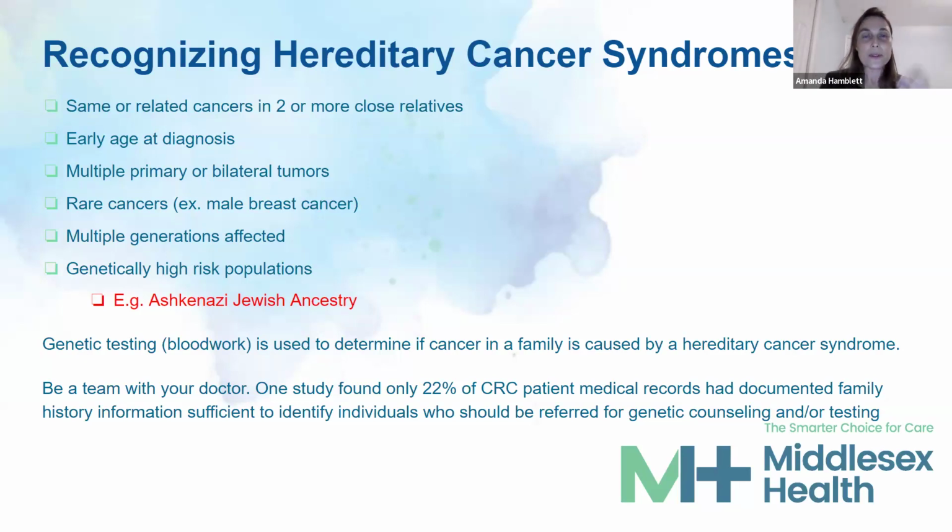These clues that are listed here on this slide are really important to determine whether or not it could be hereditary cancer that's causing a cancer in the family. One of the things that we know is that since hereditary cancer is caused by a mutation that's inherited from generation to generation, individuals who inherit that change have it from birth.